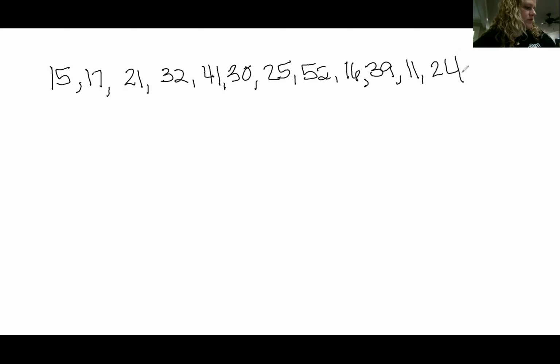Okay, so I'm going to go back and count the numbers in the book. 1, 2, 3, 4, 5, 6, 7, 8, 9, 10, 11, 12, and I have 12 as well. So now I'm going to put them in order. And so we've got one brave 11-year-old.